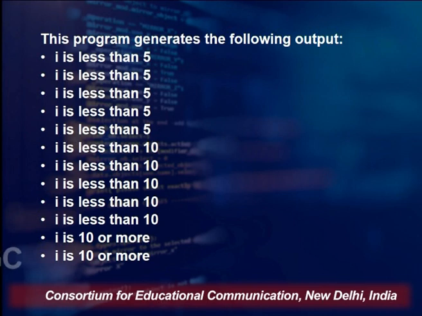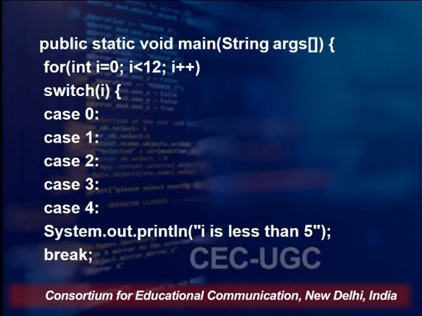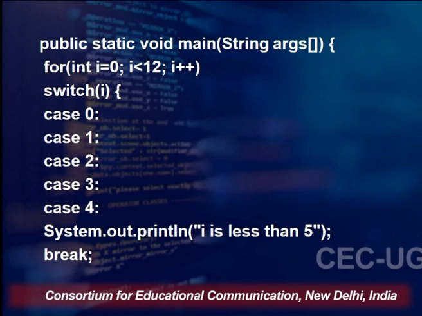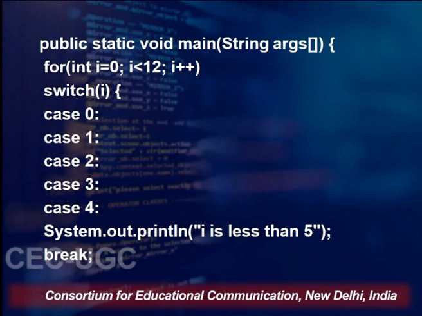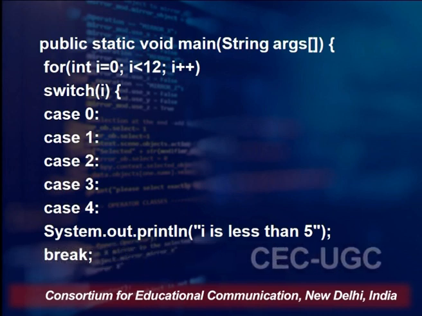And now why is it printing I is less than 5 in case of 0 also? Because 0 does not have any break statement and also it does not have any statements to be executed there. So, here you can see that in case of 0 there is no break statement. So, jumping down the ladder, it will go to system.out.println I is less than 5.